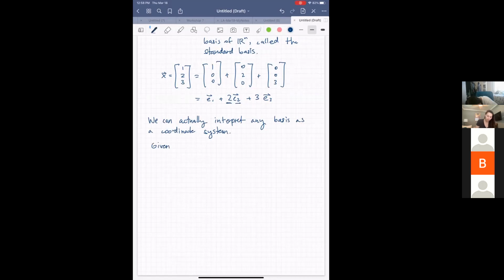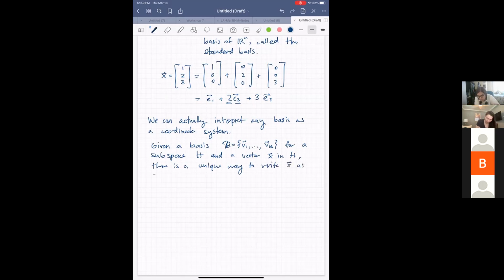So this is just setting this up: given a basis, let's say B with some vectors v1 up to vk for a subspace H, and we have a vector x that is in the subspace H. There is a unique way to write x as a linear combination of those v1 up to vk from our basis.